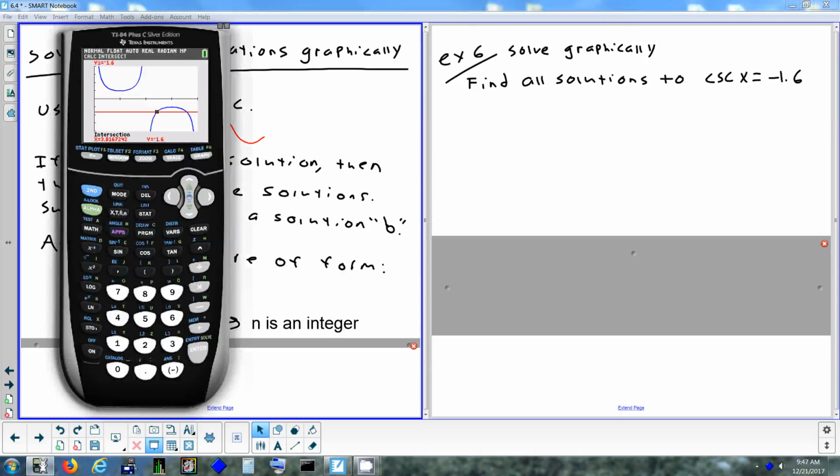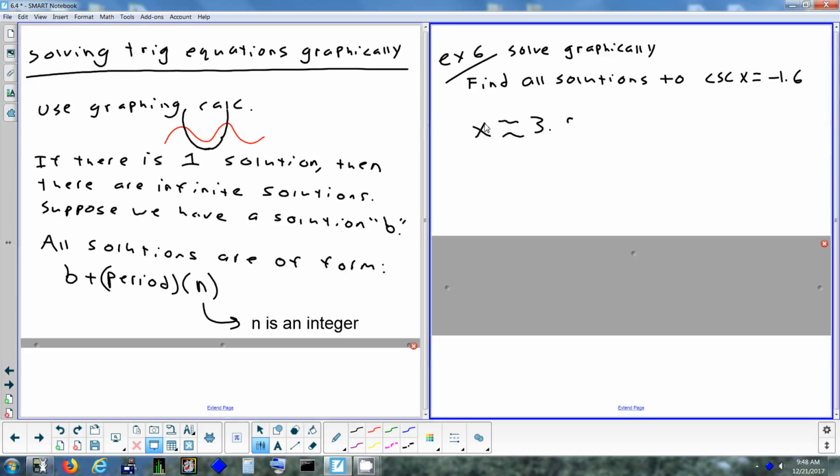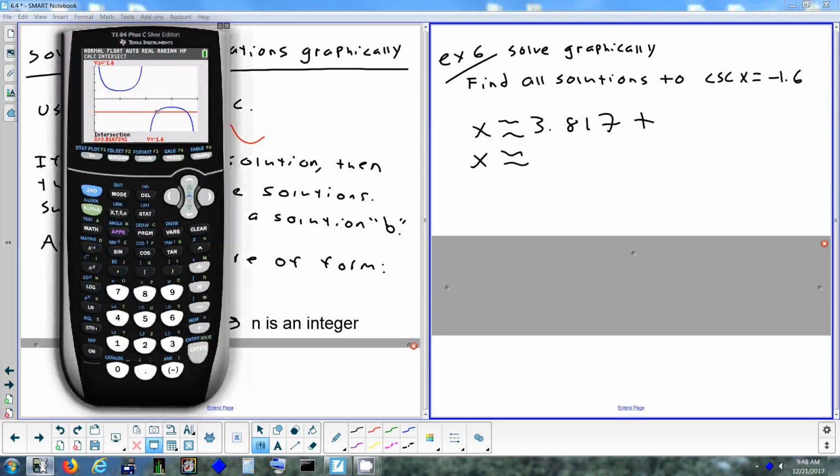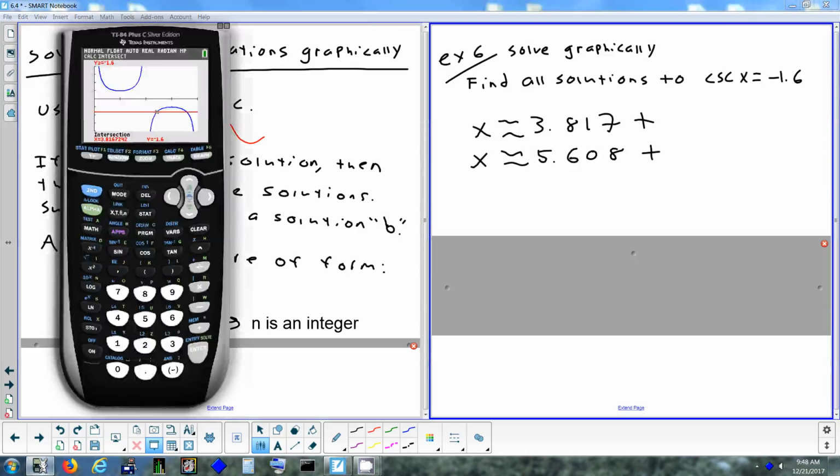Okay, so the first one is 3.817. And the second one, does anybody already have the second one? 5.608. 5.608, thank you. And how often are those 2 answers going to keep reoccurring?